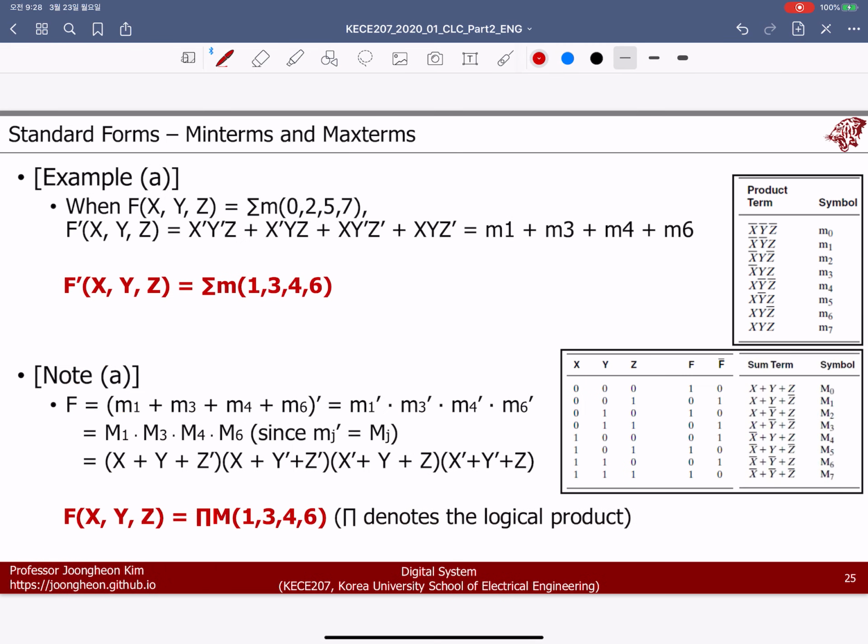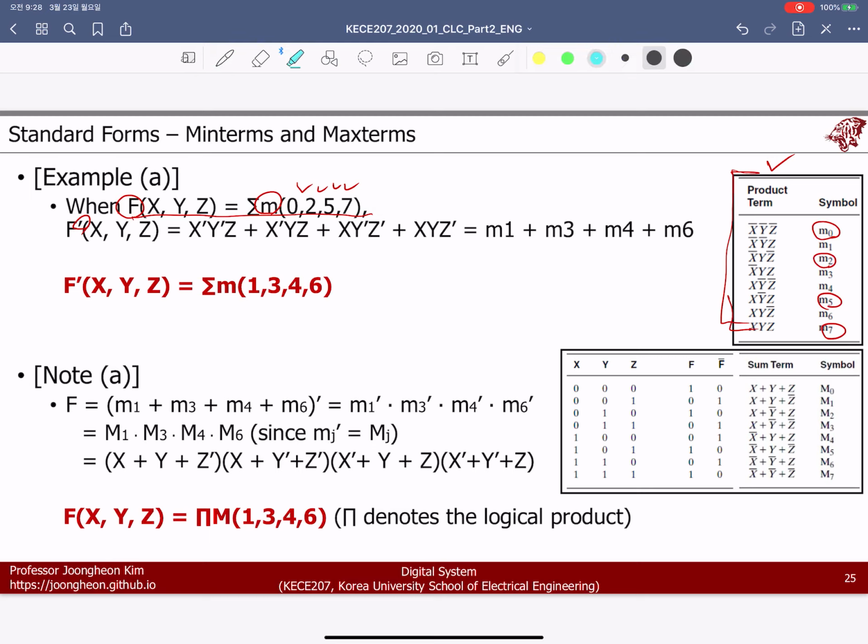Then we know that our f function is the summation of small m where the indices are 0, 2, 5, 7. Now you want to calculate the complement, so we can use De Morgan's rules again. One thing we can try is to use this table. We have the entire set, and our function f is for 0, 2, 5, 7.